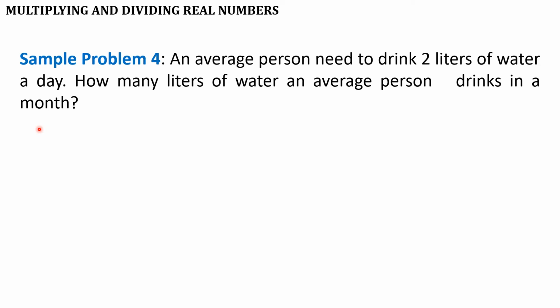So we're going to use a 30 in this example. And all I did here was multiply my 2 liters with my 30 days, and that is going to give me 60 liters. Again, I had a positive number multiplying another positive number, and it gave me a positive result.